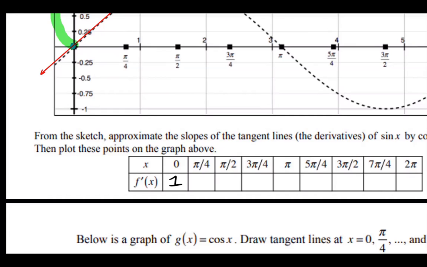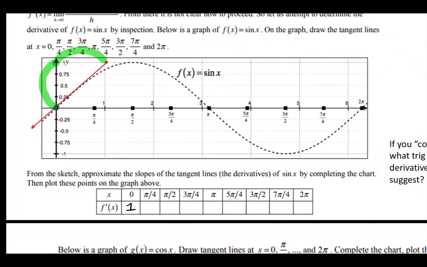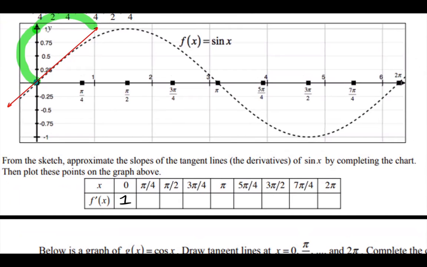Is there anywhere else where the slope of the tangent line would be exactly the same? Look throughout the dotted graph, the sine wave. Is there anywhere else where I would have the same exact slope of the tangent line? Anywhere else along the cycle? There's at least one other place where I would have that slope. Look at it, see if you can tell. Where else?